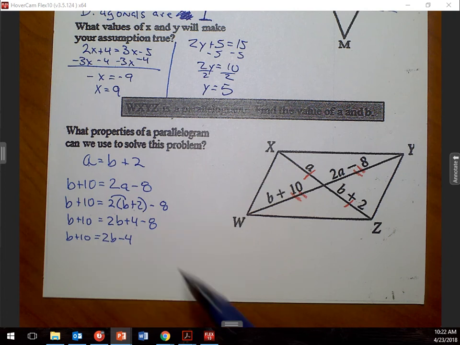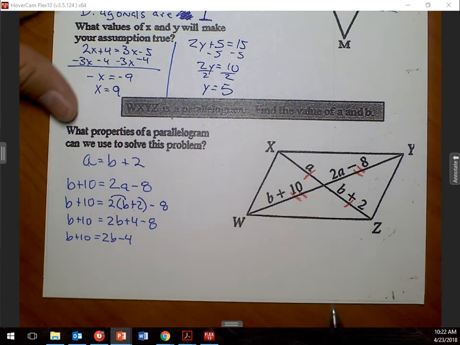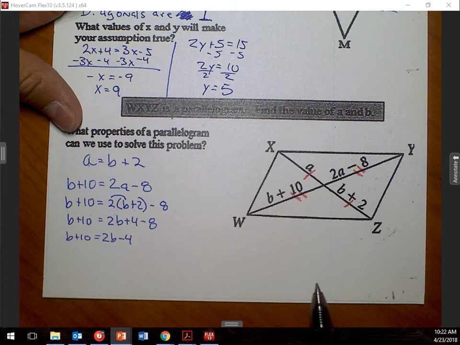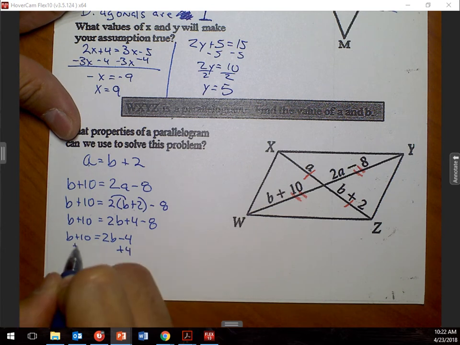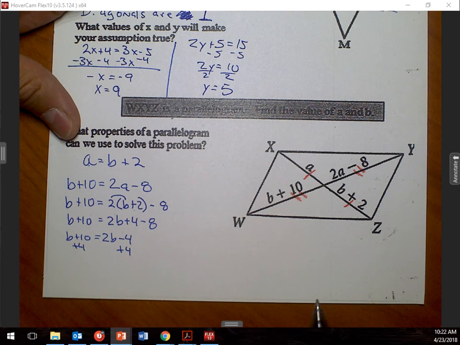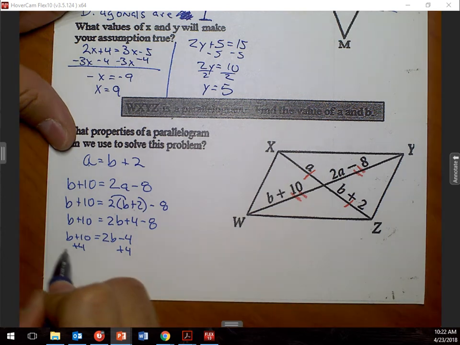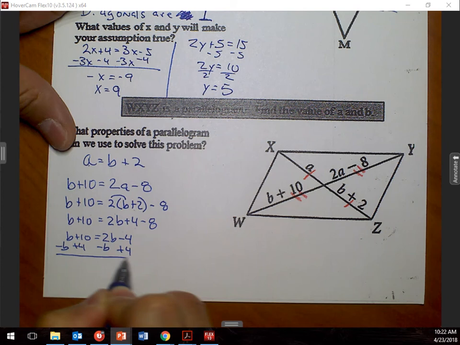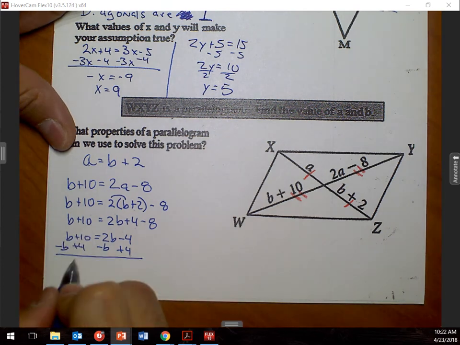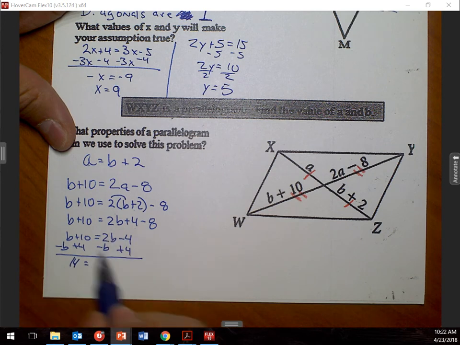Now what should I do here? I'm trying to solve for b now. Add 4 to both sides. Anything else? Subtract b. So on this side over here, I come up with 14, very good. Equals on this side over here, what do I come up with?